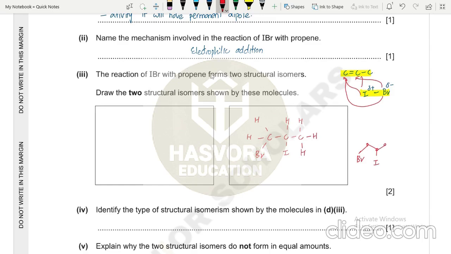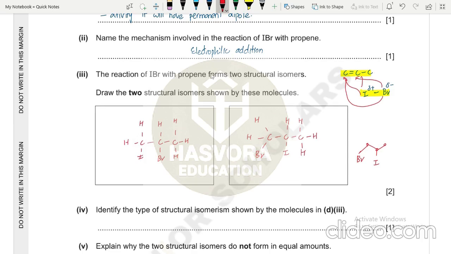For this one, we can just reverse what we did for the other. The Br and the iodine will exchange positions. So this will be H, H, and H. This will also be H, and there will be 2H here.